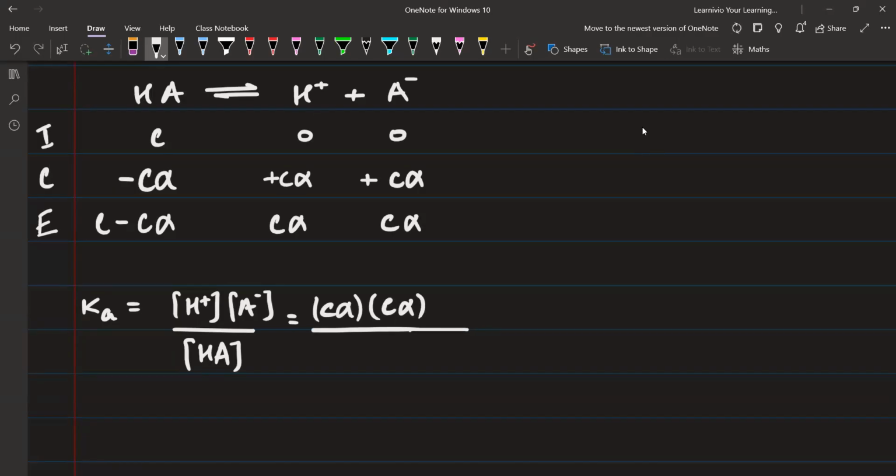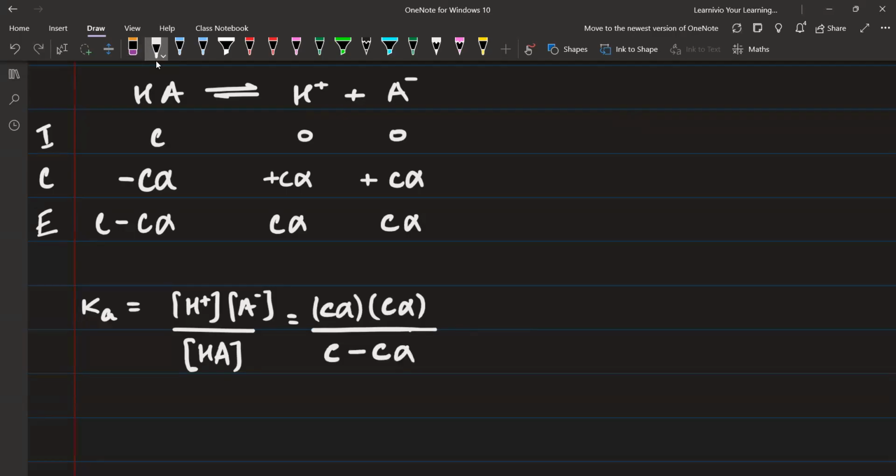And what is the concentration of the acid? What is the concentration of HA at equilibrium? C minus C alpha. Very good. Now what can we do?